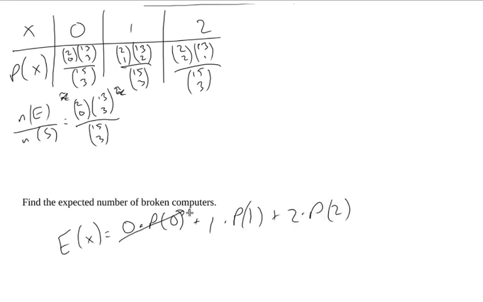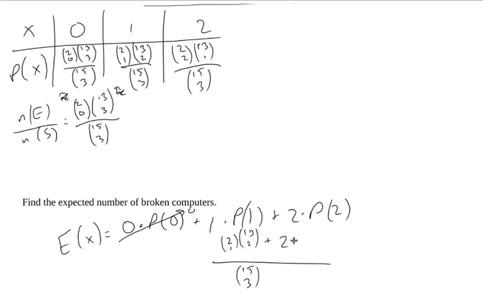You'll notice I'm multiplying this thing by 0, so I can just ignore that first one. I'm multiplying this one by 1, so I'm just going to go ahead and say this is 2 choose 1, 13 choose 2, over 15 choose 3. I'm going to leave everything at over 15 choose 3, just put that denominator under everything to make my simplification a little bit easier.